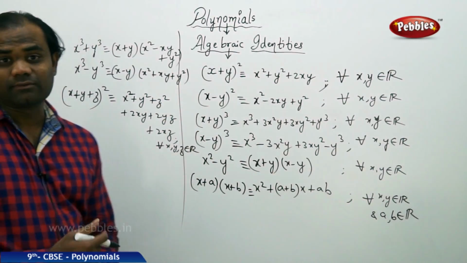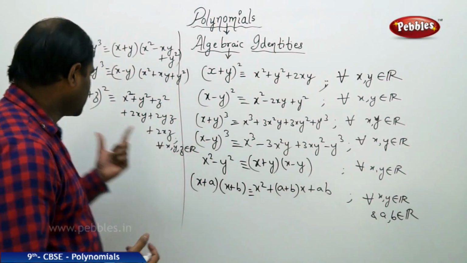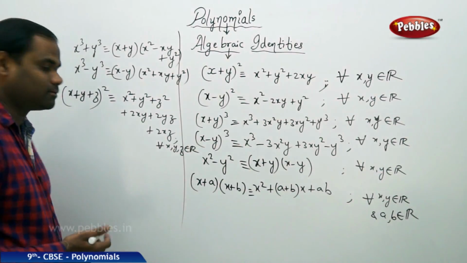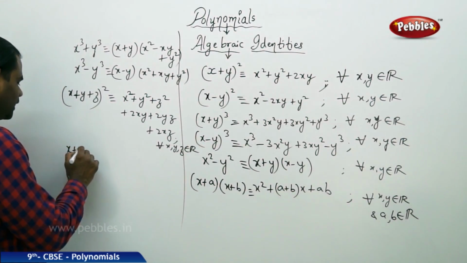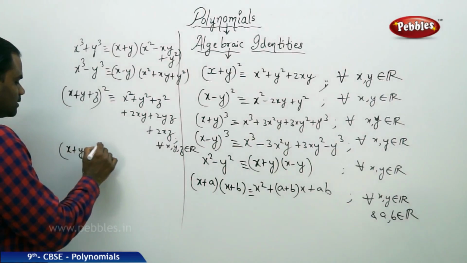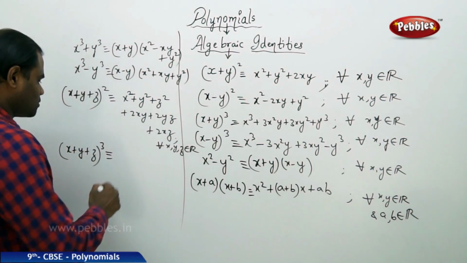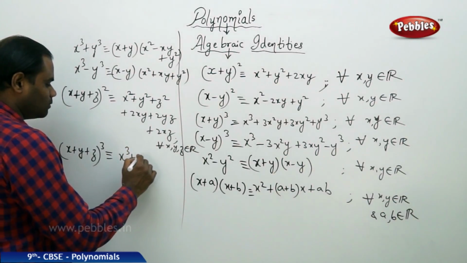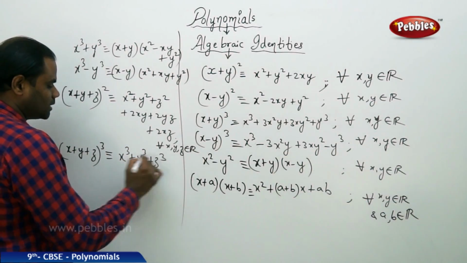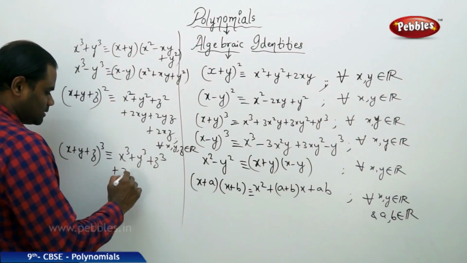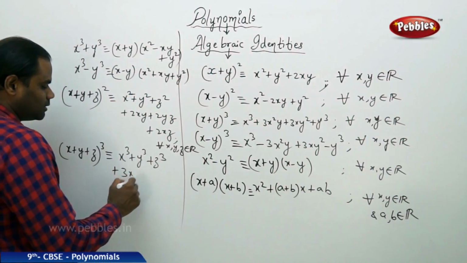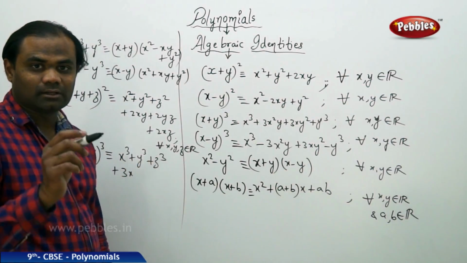What if I have (x plus y plus z) whole cube? This also has its own property: a cube plus b cube plus c cube plus 3(a plus b)(b plus c)(c plus a).